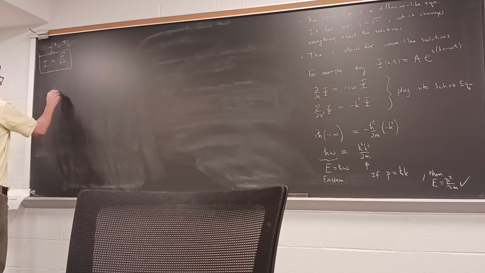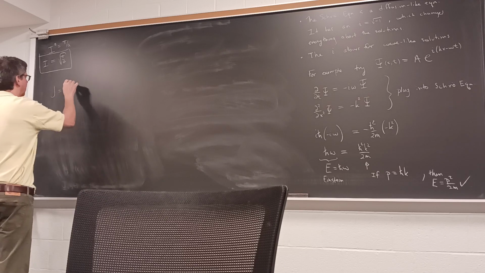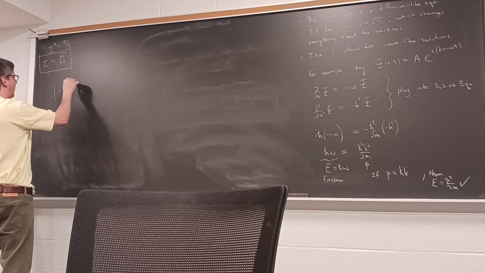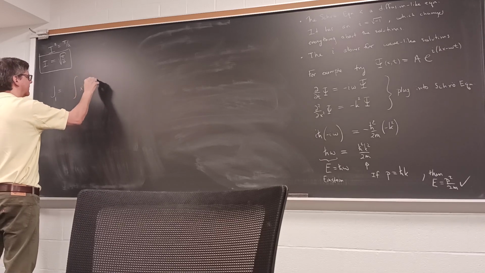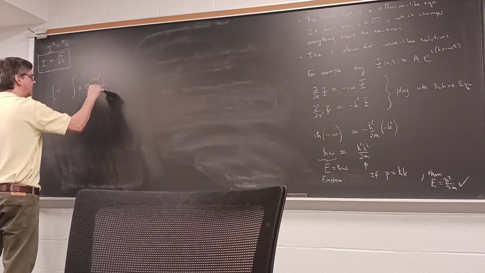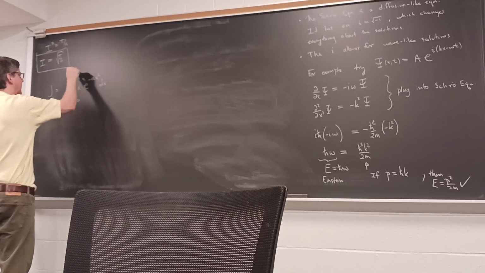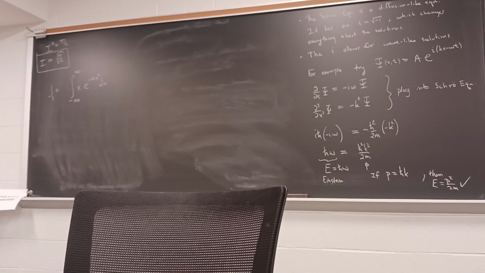How do I do, let's call this J1, the integral of x e to the minus a x squared dx from minus infinity to infinity. How do I do that integral? Would it be a U substitution?